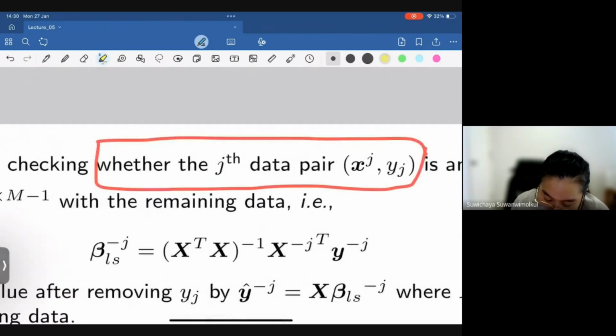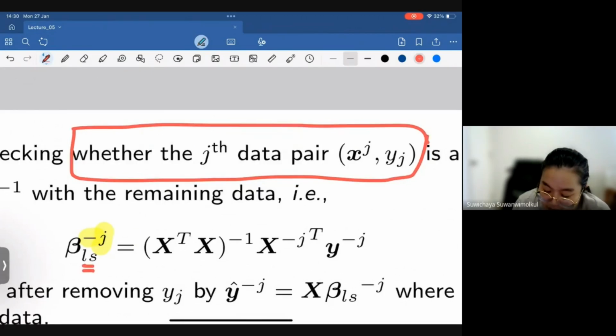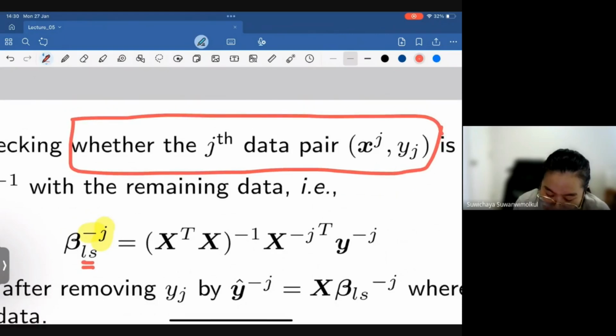For example, this beta superscript minus j is the solution from our linear regression, and it can be written as follows when we remove the j sample. We can compute it as X transpose X inverse, like that.